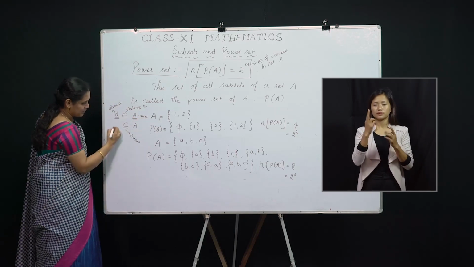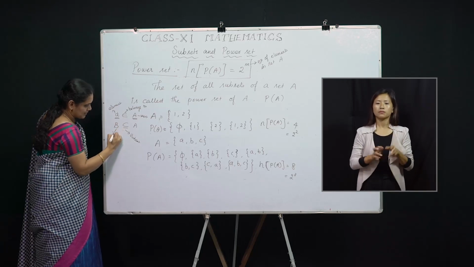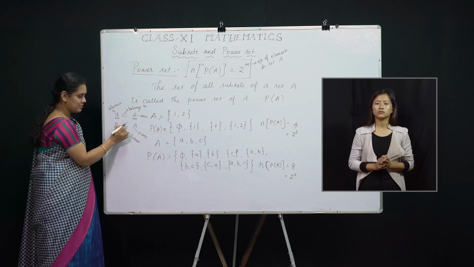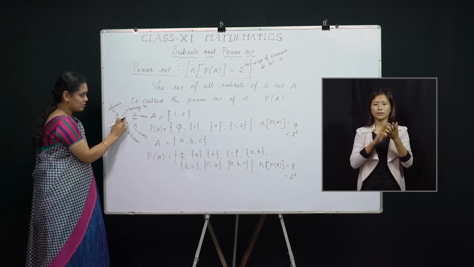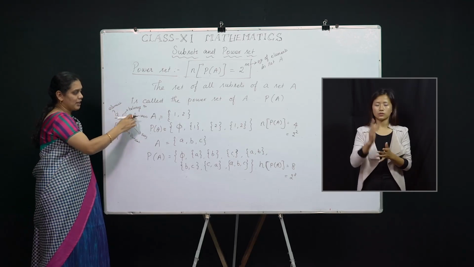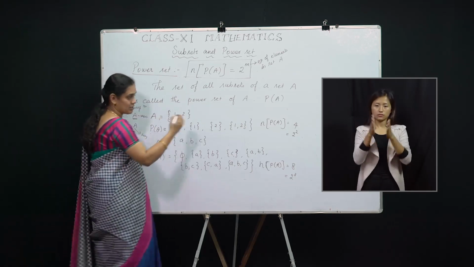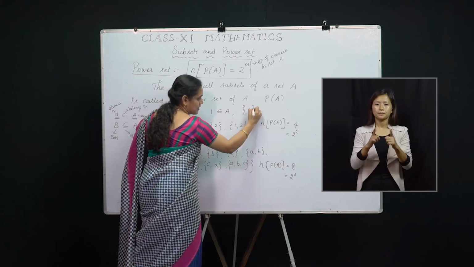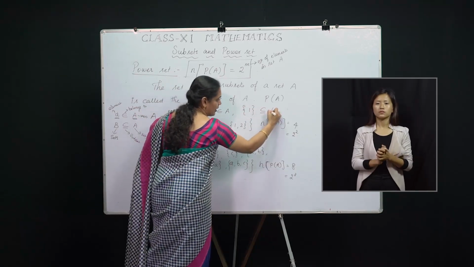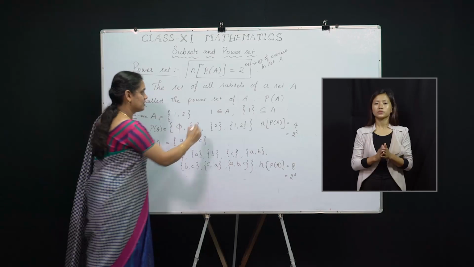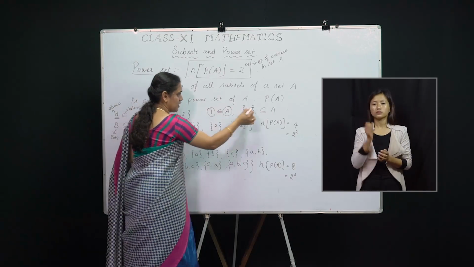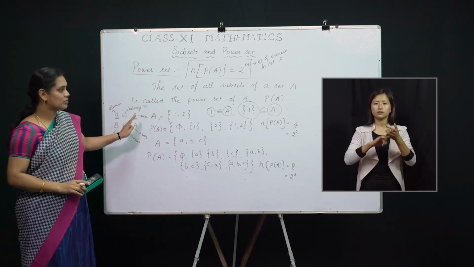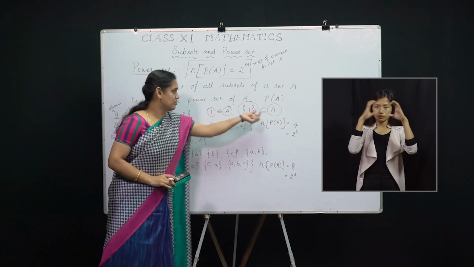But subset means both will be sets. We can use this symbol between 2 sets only. We can use this symbol with one element and the other set. For example, 1 belongs to A, right? But the set {1} is a subset of A. Hope you understand this. This is an element and this is a set, and this is a set and this is a set. Students will often get confused with these 2 symbols only.